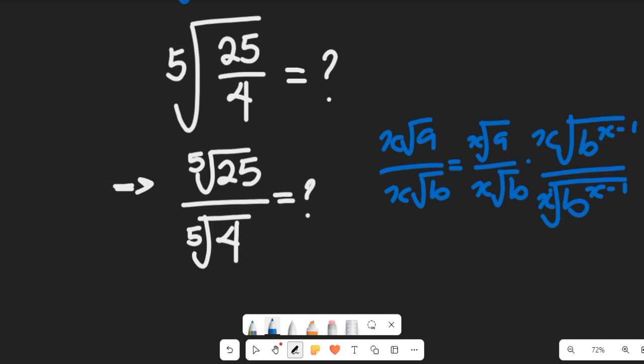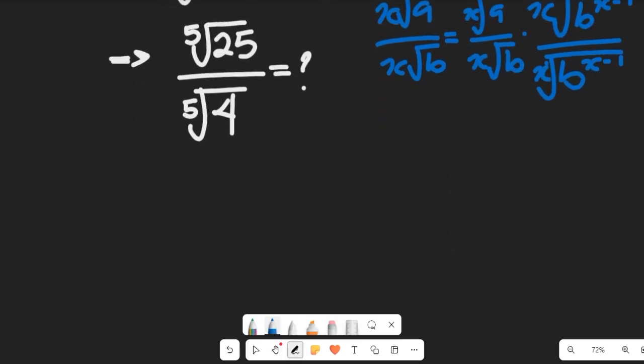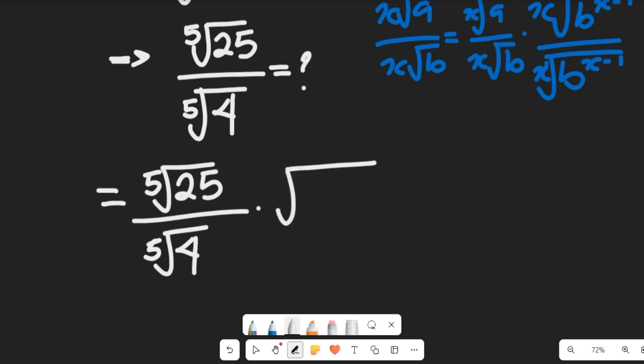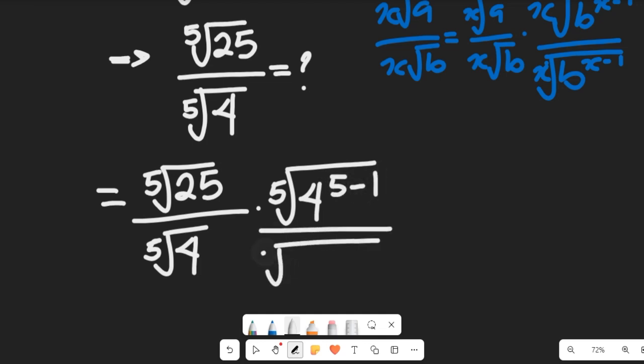So from that, this expression translates to the fifth root of 25 divided by the fifth root of 4, multiplying the fifth root of 4 to the power of 5 minus 1, divided by the fifth root of 4 to the power of 5 minus 1.